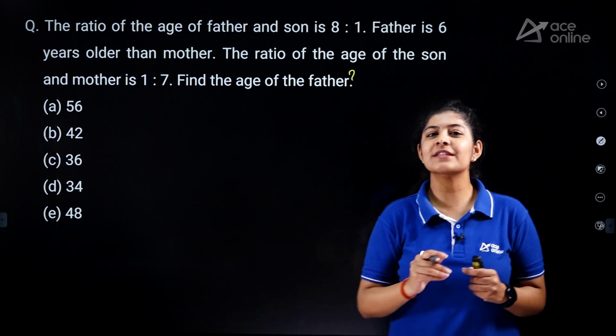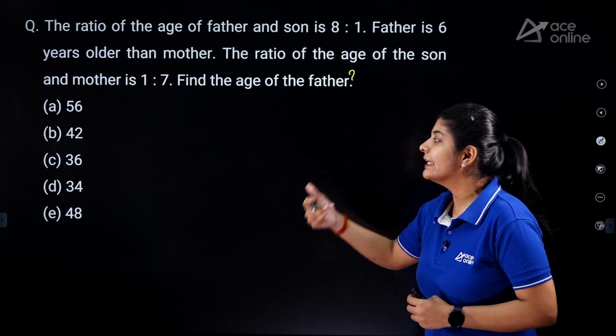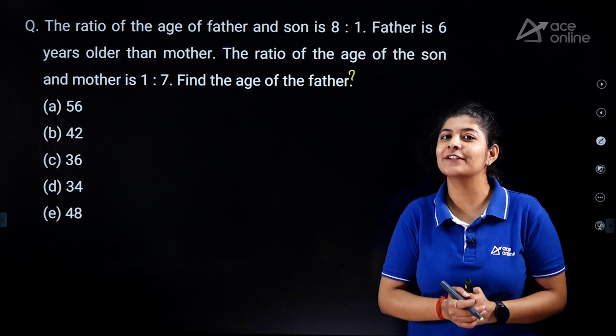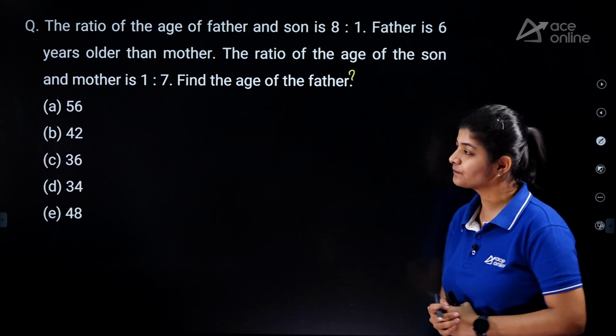I'm giving you 30 to 45 seconds to determine the correct answer for this question, and after that we all together will solve it. You have to cross check your answer, right?